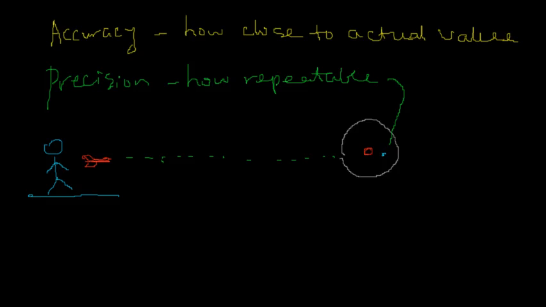But we say that he's not very accurate because although he always hits the same spot exactly or very closely, he's always far from the actual bullseye itself. So in this case, we might say that he's very precise, but he's not very accurate.